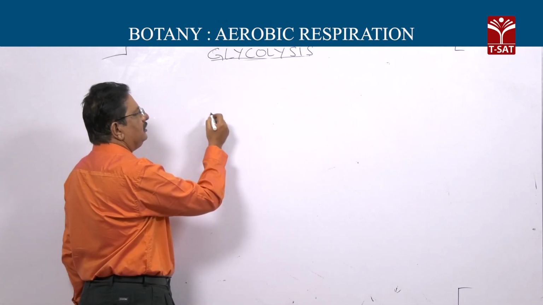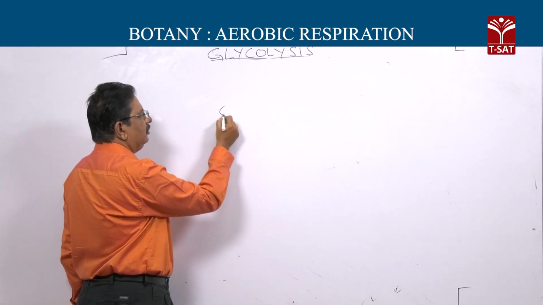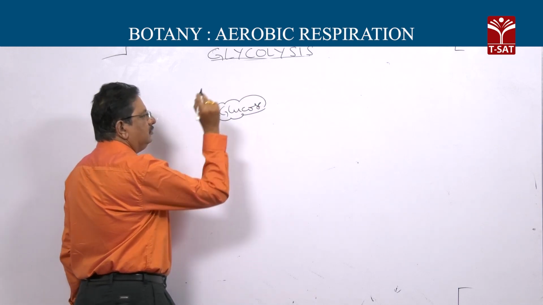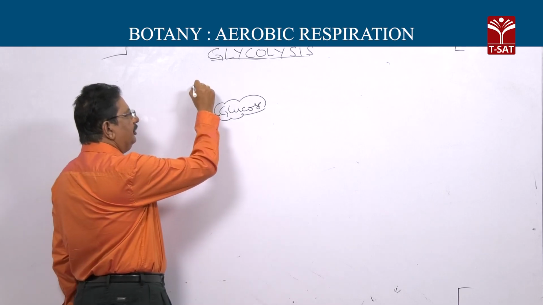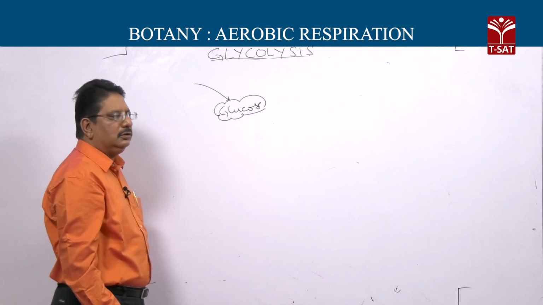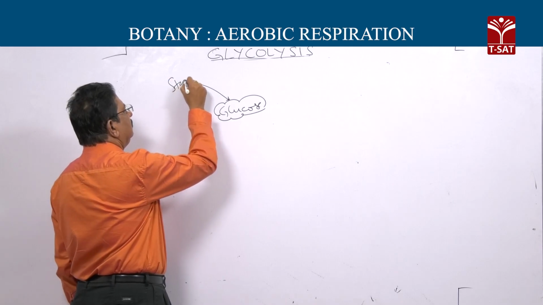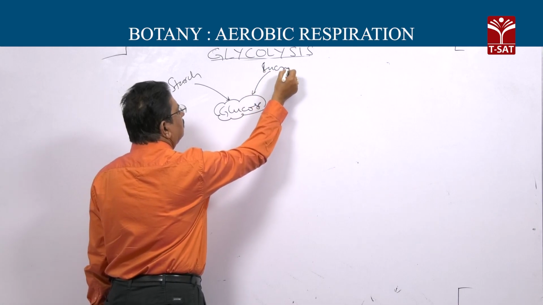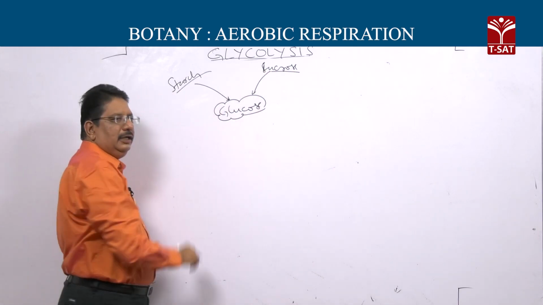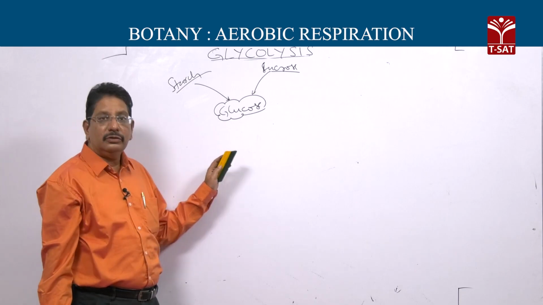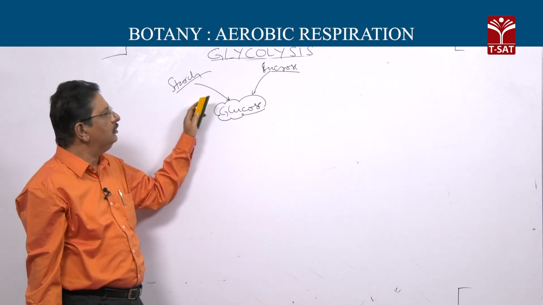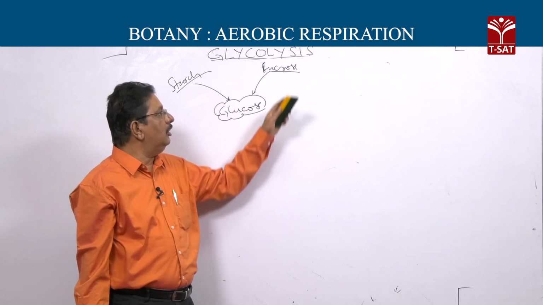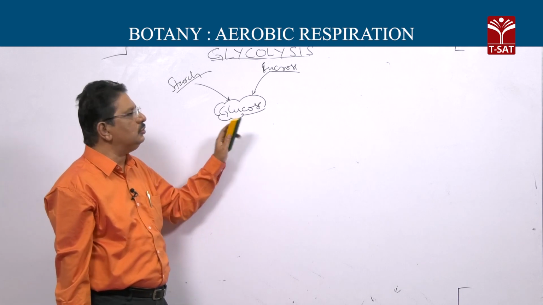Generally in glycolysis the common substrate is glucose, but glucose is formed from different sources, sometimes starch or sometimes sucrose. In plants the main reserve food is starch, one form of polysaccharide, and another form of carbohydrate available in plants is sucrose.